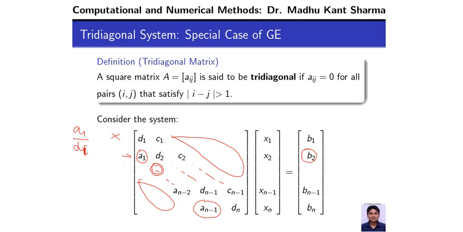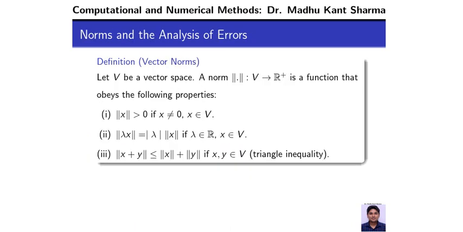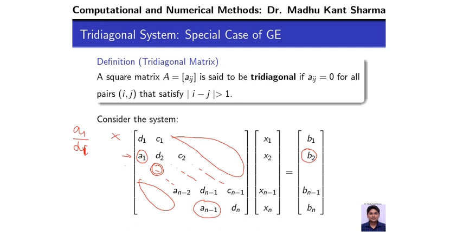So what are the operations? Here, the di's are updated by di minus a(i minus 1) divided by d(i minus 1) times c(i minus 1), if you take it carefully.